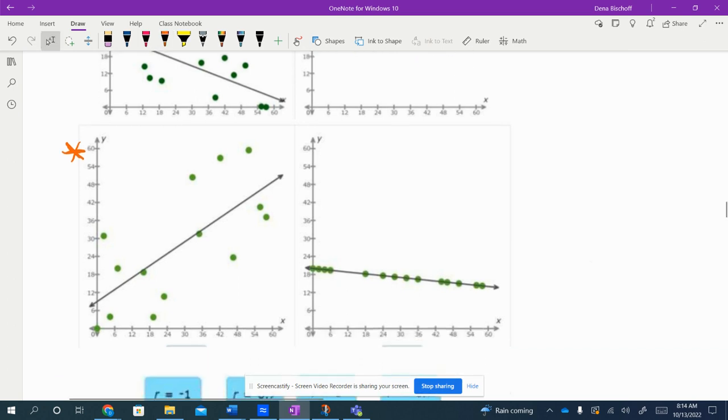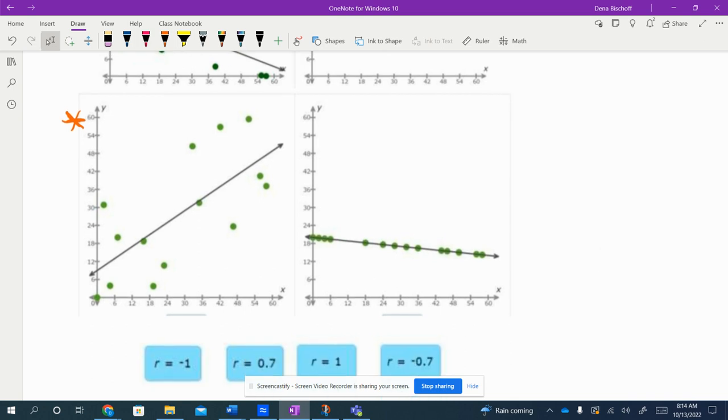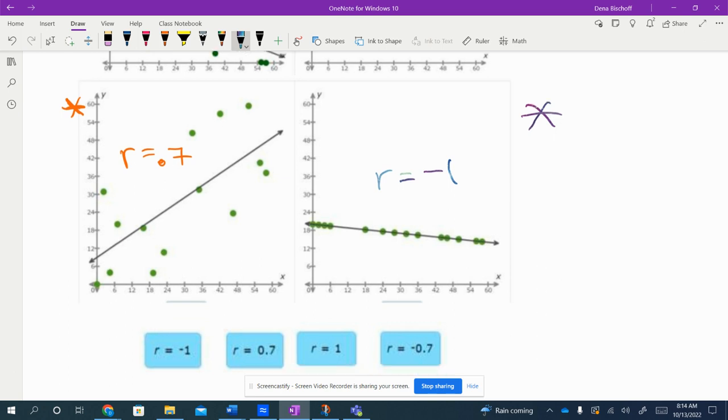What do you think the correlation coefficient of that is? R equals 0.7. And the last one, Isaiah, the last graph. R equals -1. Does this make sense? Remember, it's just basically slope.